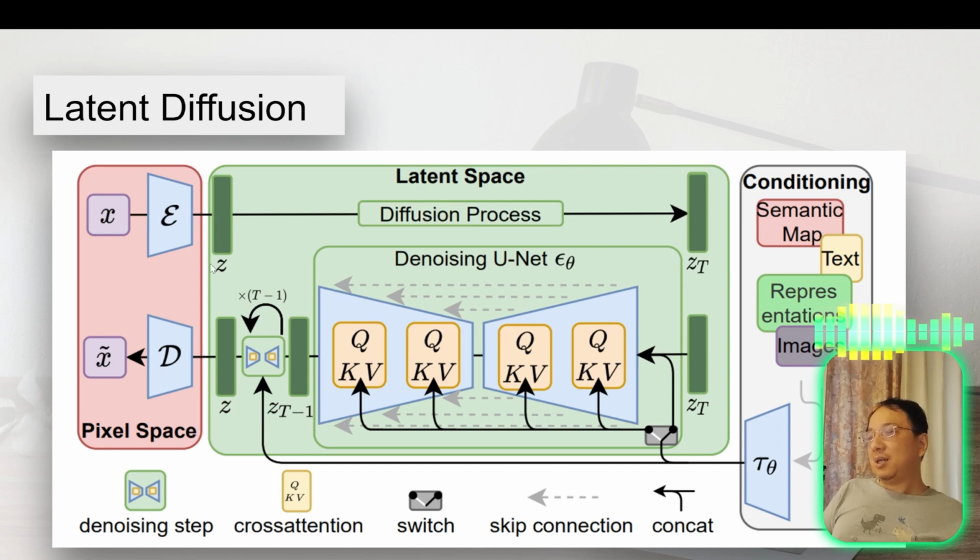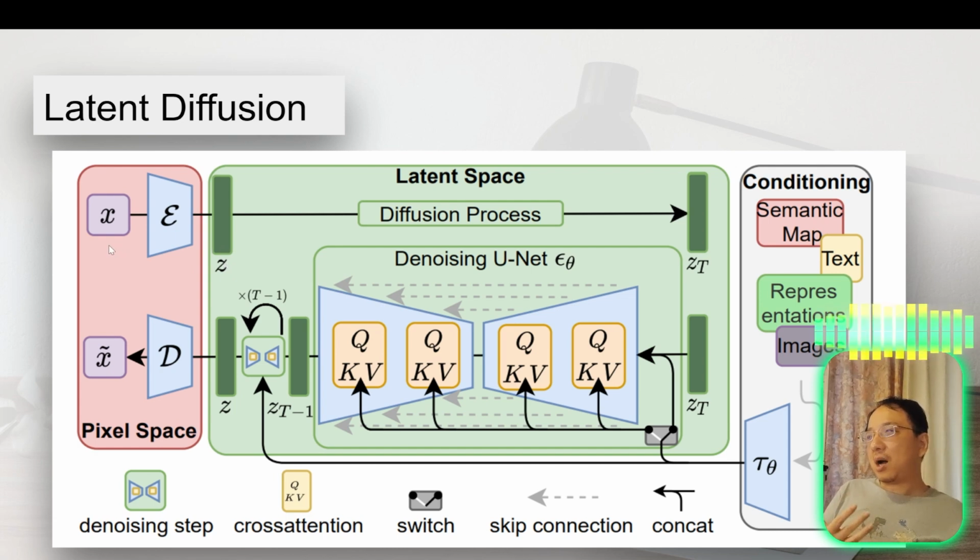We get a latent Z. The Z has a lower resolution than X. Suppose our X has a resolution of 512 by 512, and usually we consider RGB as 3 color channels. Then this Z will have a dimension of 64 by 64, and it will have 4 channels.